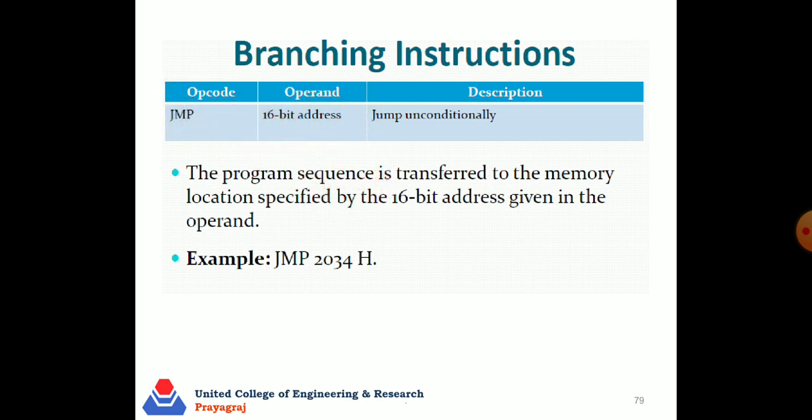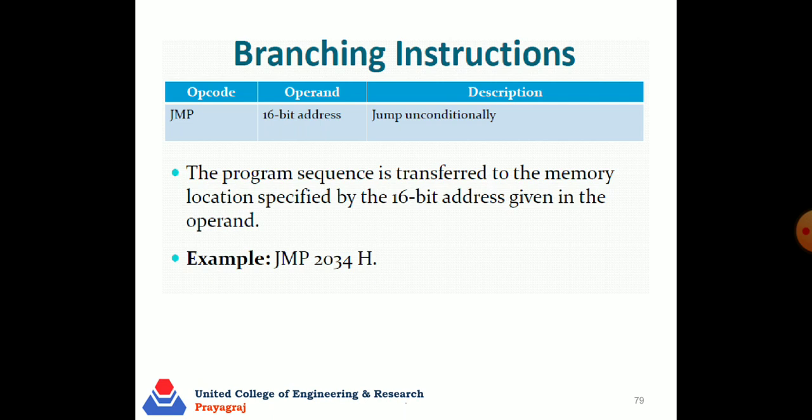So the branching instruction breaks the sequence of the program. Like if we are writing a program of 10 numbers or 10 digits and they are executed in sequence, the jump instruction breaks the sequence.